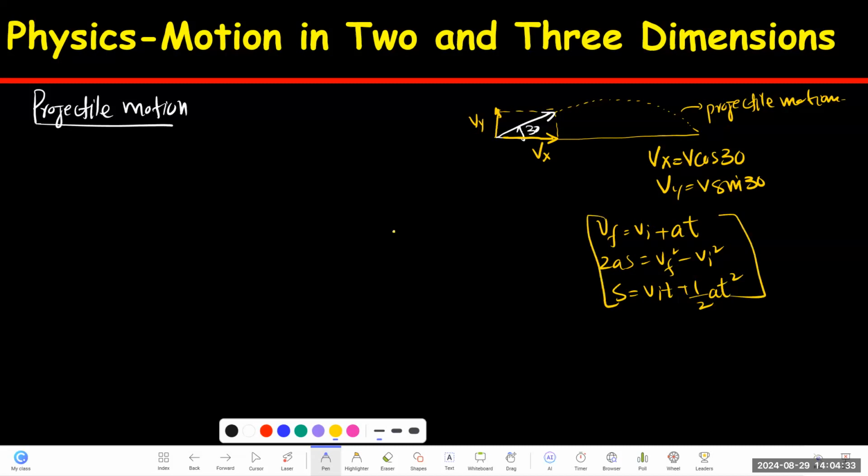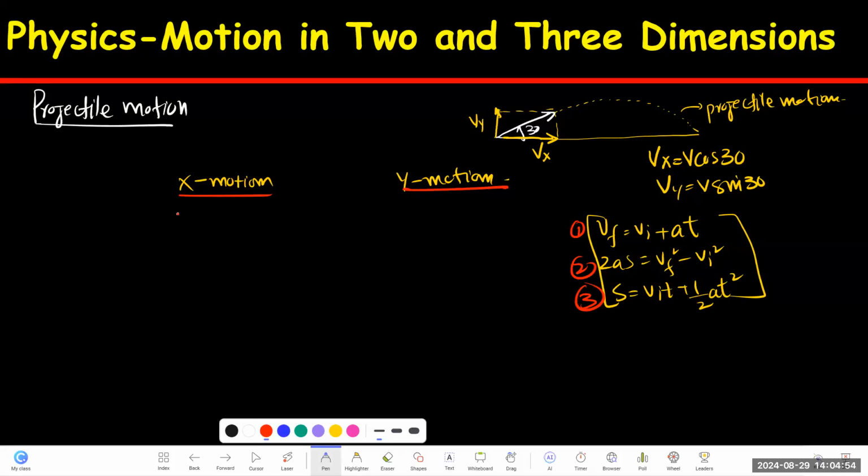I need to apply these equations in x motion and also in y motion. How? I can just write it here. I'm going to take equations number 1, 2, 3 and convert them into x and y form.